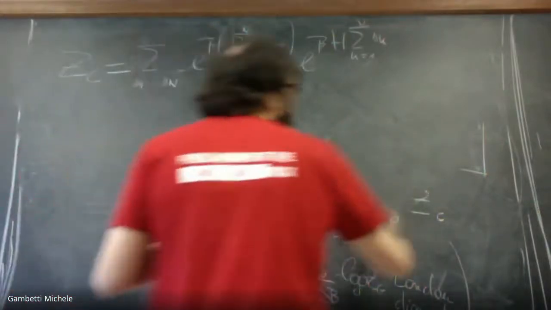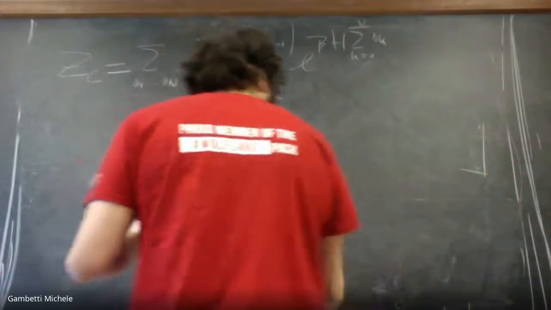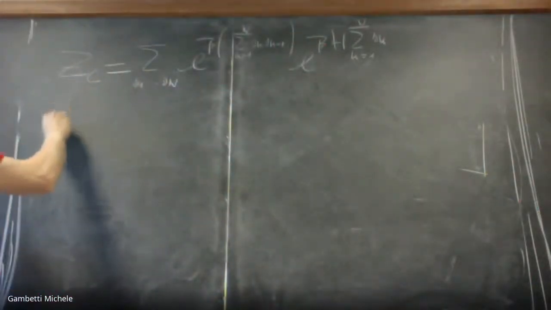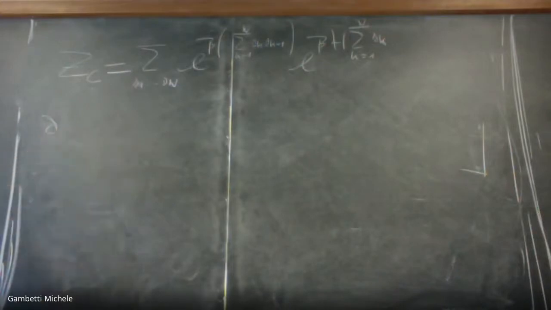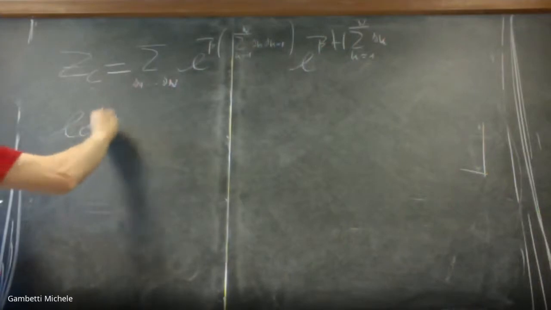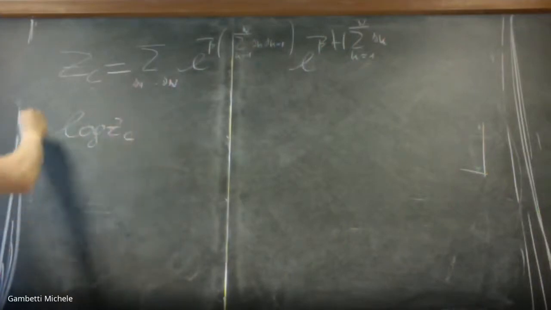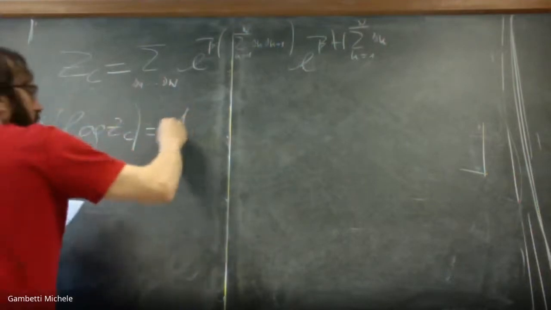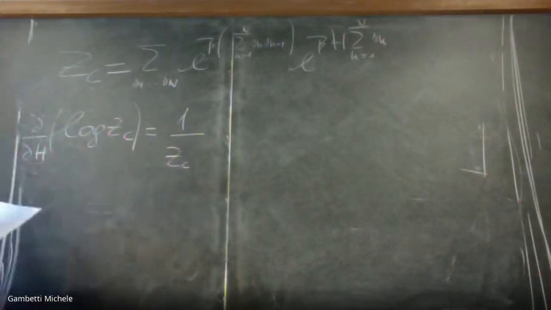Now, if you take the log of Z_C, which is done for normalization, and you derive with respect to H, you get 1 over Z_C.